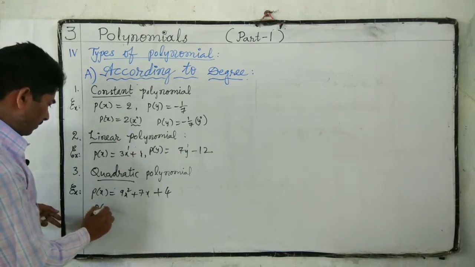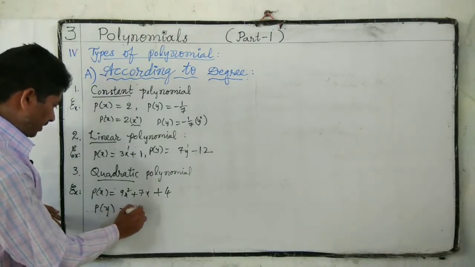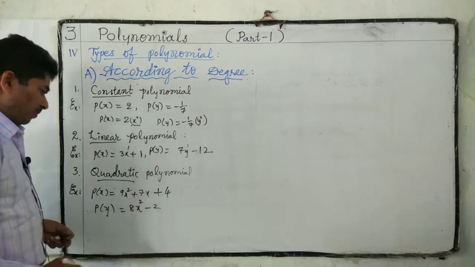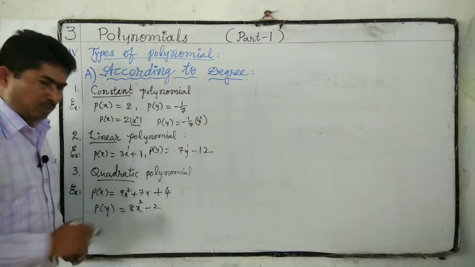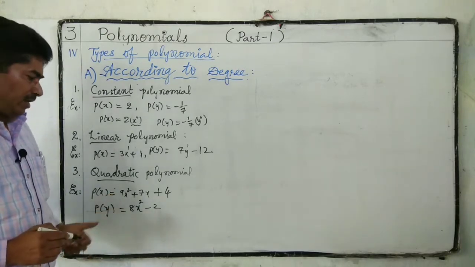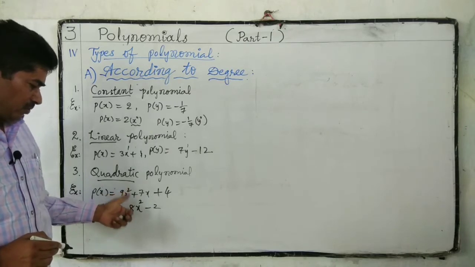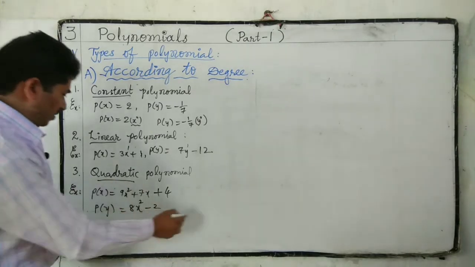P of y is equal to 8y square minus 2. The highest power is 2, so that is called degree. So in this also degree 2, in this also degree 2. So these are examples of quadratic polynomial.